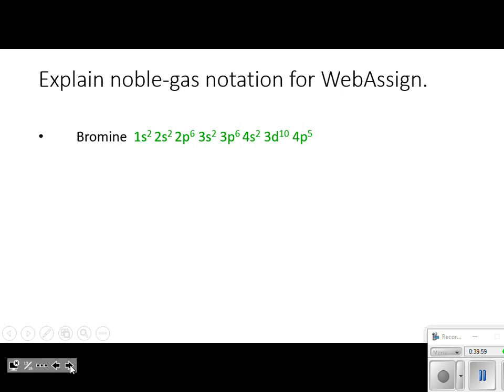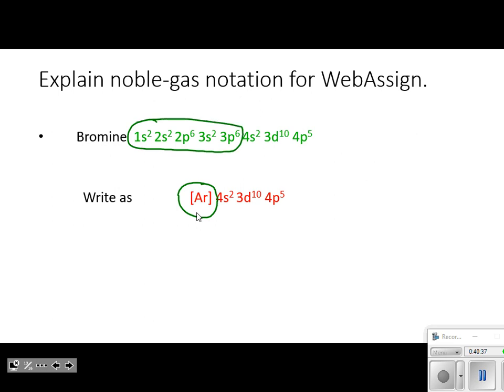So the way we would write the noble gas configuration is we would put brackets around argon, and that would signify that we're already at number 18. And then we just move on after 18. So that little bracket for argon represents all of those things right there.